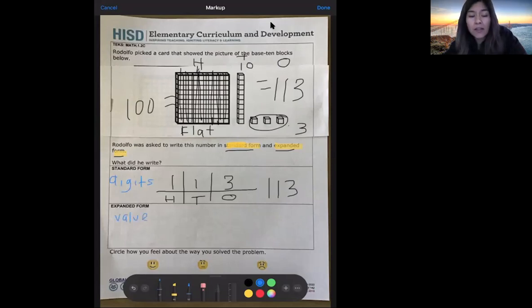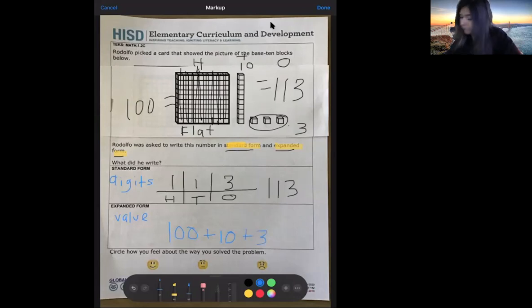What is the value of each place value? So what is the value of 100? 100. Plus, what is the value of 1 ten? 10. Plus, what is the value of 3 ones?